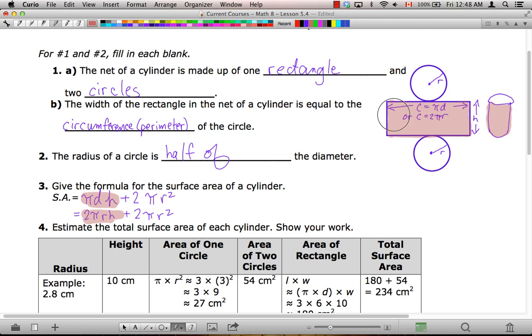The other piece to this, the 2 pi r squared, is really just referring to the fact that we have two circles. So we have this circle up top here, which is pi r squared, and we also have the circle on the bottom here, which is also pi r squared, and that's why we write it as 2 pi r squared, because there are two of them.